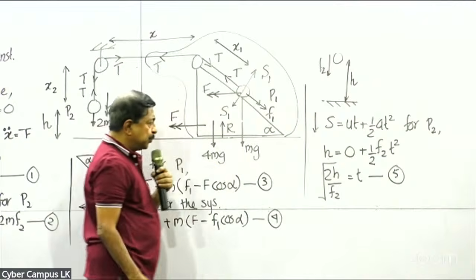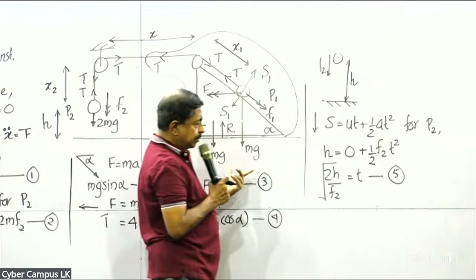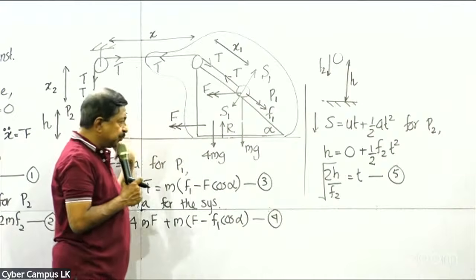Now, once you know F2, you can find t. So you can find F2 using these four equations.